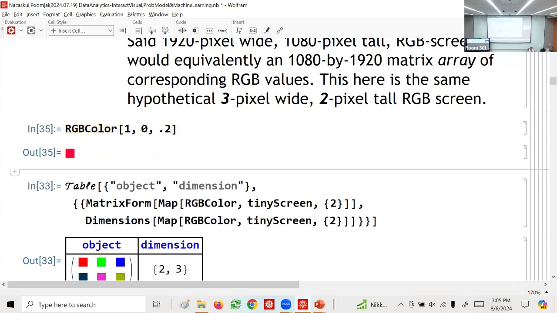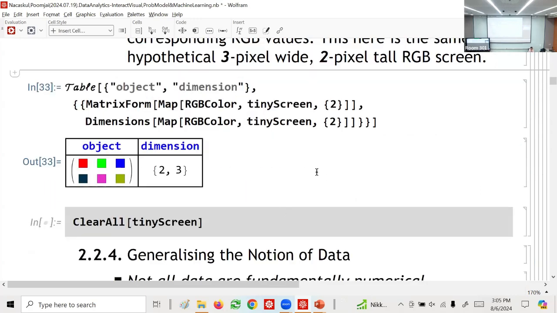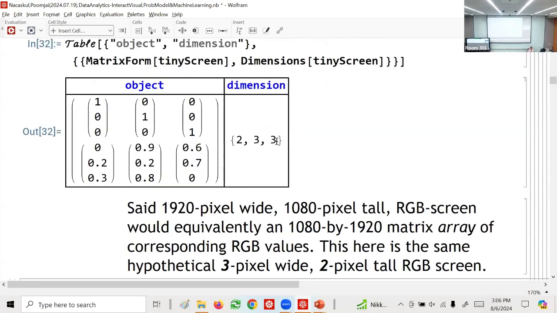Whatever, all kinds of stuff. But definitely, here is a tensor because it has 2 by 3 by 3.